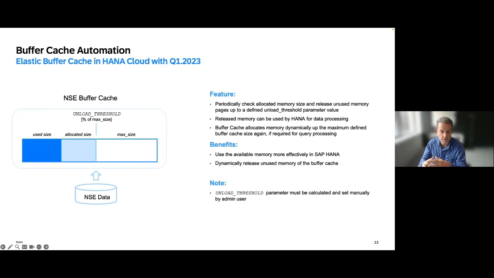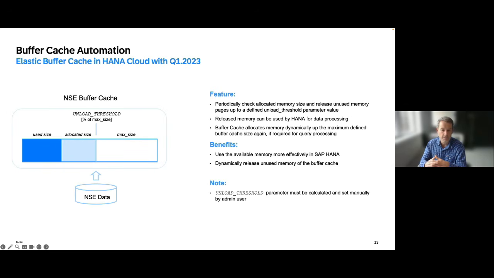The unload threshold parameter can be defined by the customer and is applied by the buffer cache for the release of unused but allocated memory. There is one disadvantage: it's not automated. So the unload threshold needs to be defined by the customer based on her own calculation.